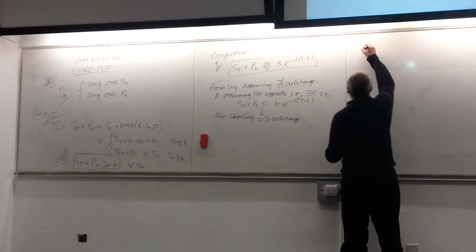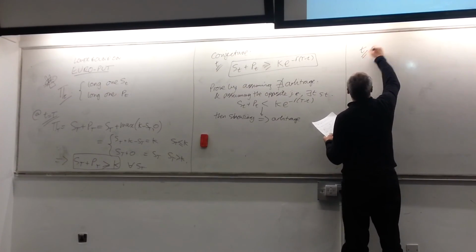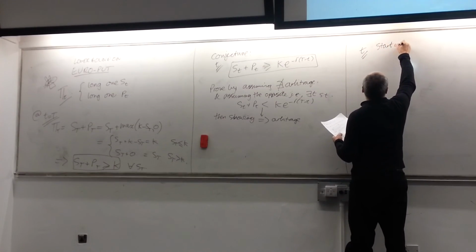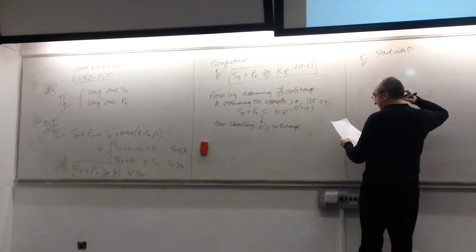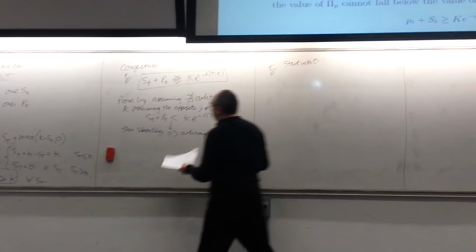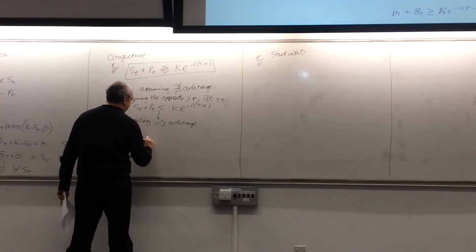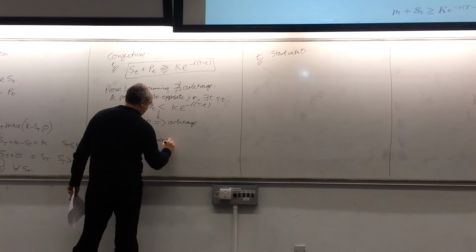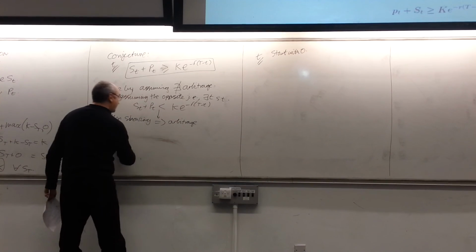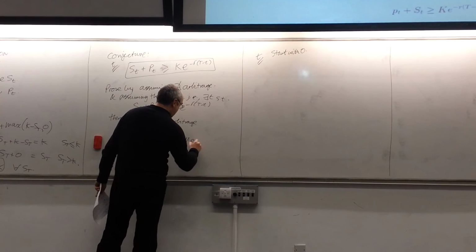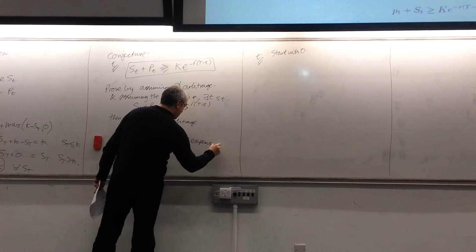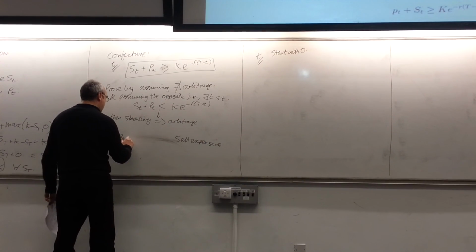So let's suppose that we've got that. Then at that value of t, we start with nothing. And we've got to remember that you sell the expensive and you buy the cheap.